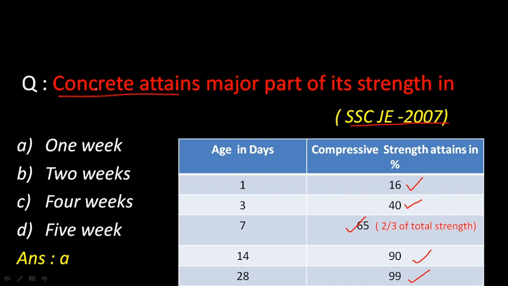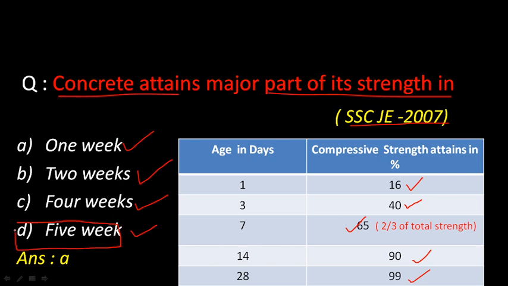Read out the question. Concrete attains a major part of its strength in 1 week, 2 weeks, 4 weeks, or 5 weeks. So 5 weeks is not at all a matter, as we are doing 28 days, which means 4 weeks. So we can easily discard this option. So we are left with 3 options: 1 week, 2 weeks, and 3 weeks.